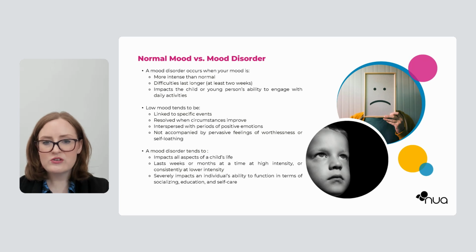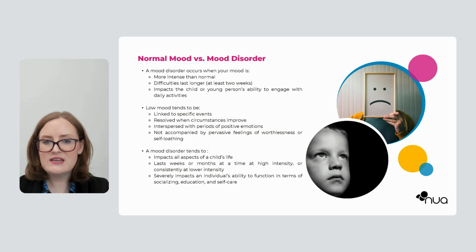Low mood, on the other hand, tends to be linked to specific events. So something that's happened in the child's life. So maybe a friend moving away, a grandparent passing away. However, these mood difficulties tend to be resolved when time passes and circumstances improve.